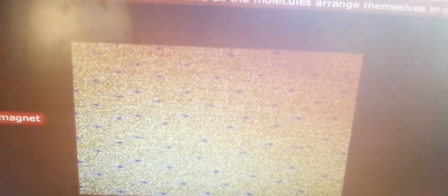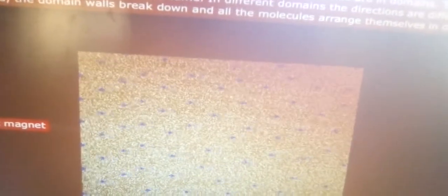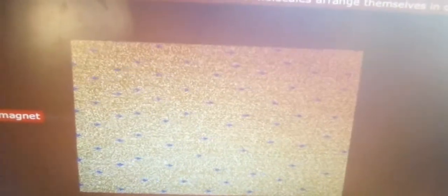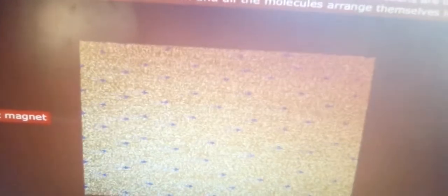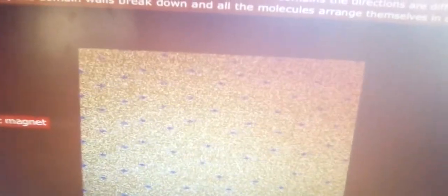When you magnetize it, they will be aligned in the same direction. Now, when you break this magnet into small parts, even up to the smallest part of an atomic magnet, it will still behave as a magnet, and that is what we call domain theory.